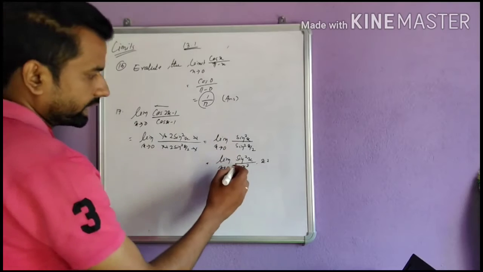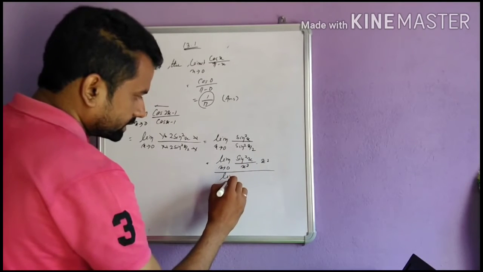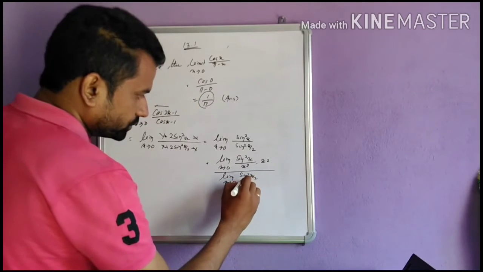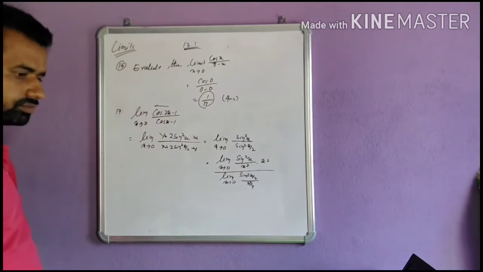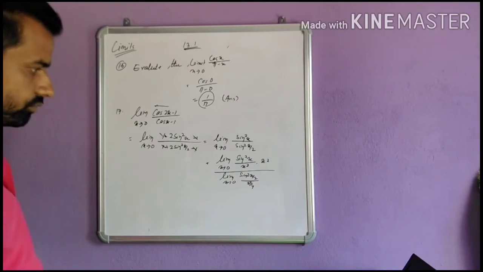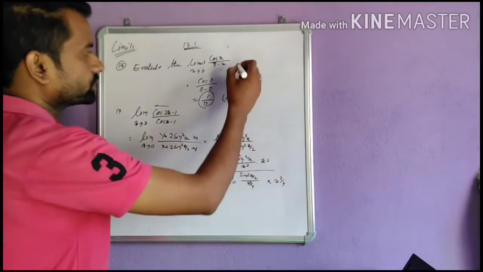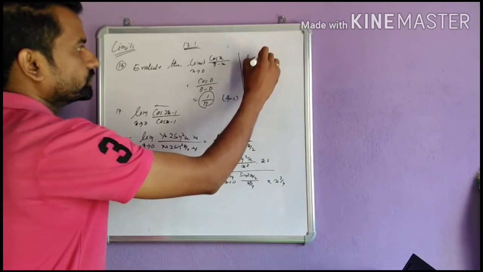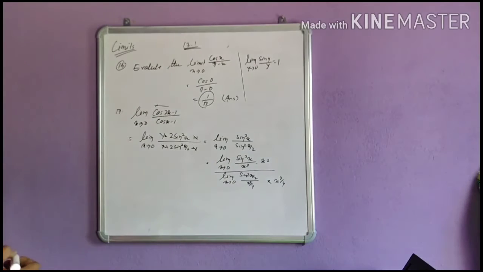We can convert it into this form, sin square x by 2 by x square by 4 into x square by 4, because you know the formula limit y tends to 0, sin y by y is 1.